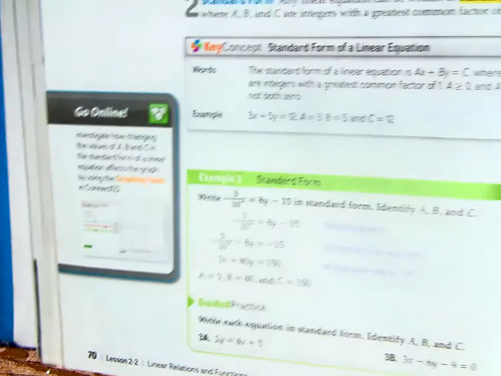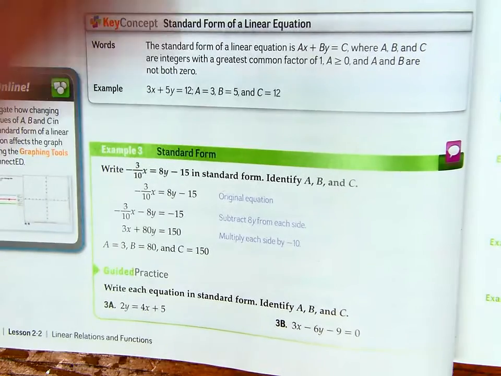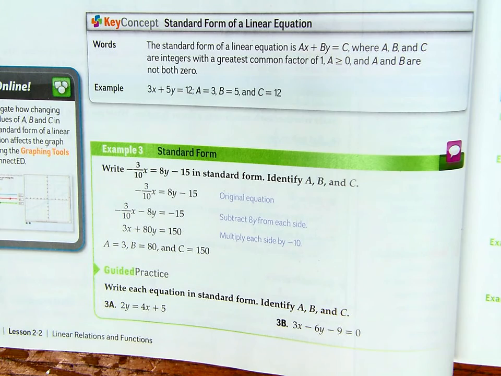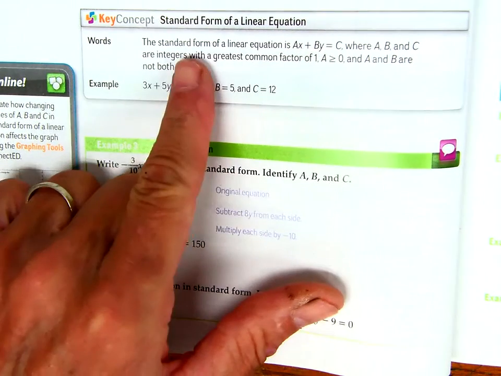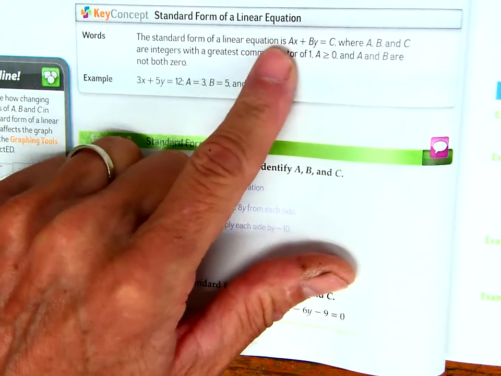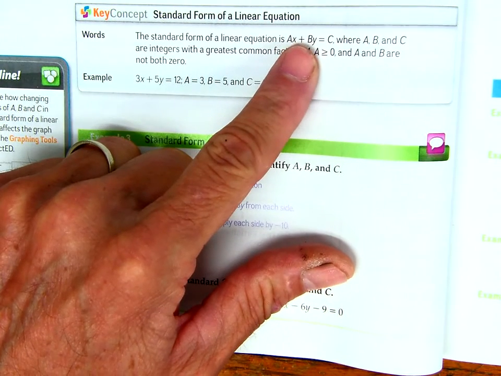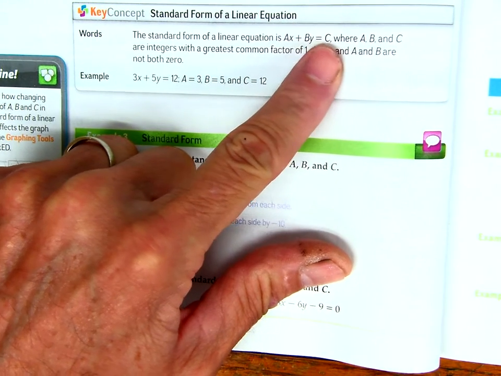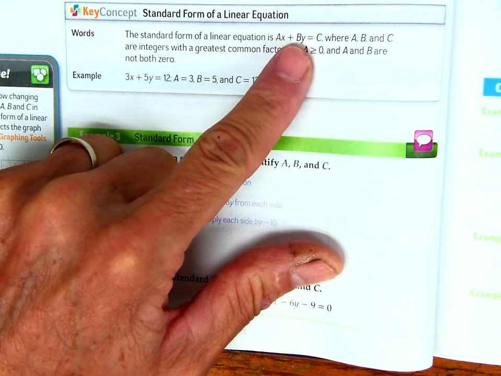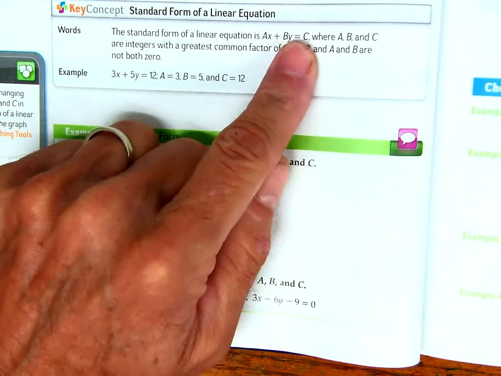But instead of slope-intercept form, sometimes we have things in standard form. That's where the x and the y are both on the same side of the equal sign. Alright, so this is very important. The standard form of a linear equation is ax plus by equals c. A just stands for some number, B stands for a number, C stands for a number.